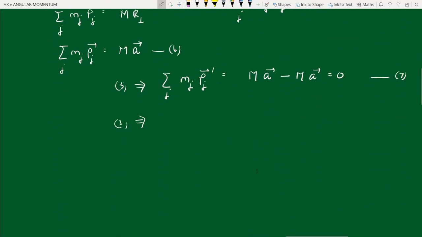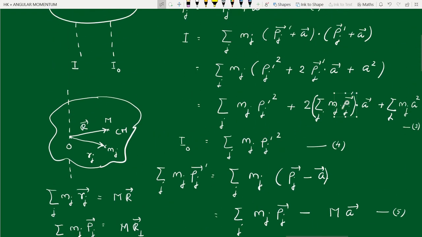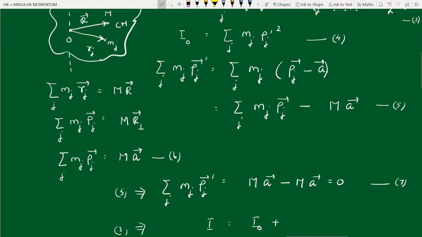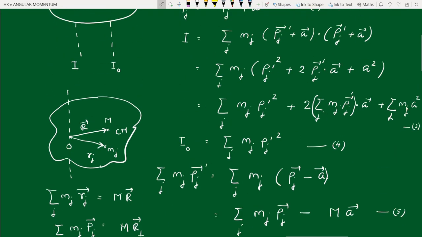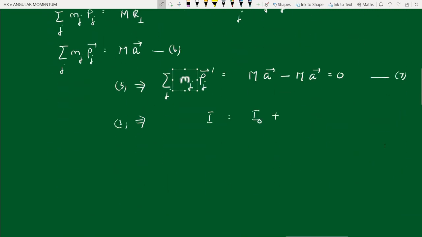So we get I is equal to I0 plus, and look at the second term. The second term has become 0 according to equation 7, right? Mj rho j prime is equal to 0, and the last term is summation over j mj, which is capital M. So we have capital M a square. This is the proof.